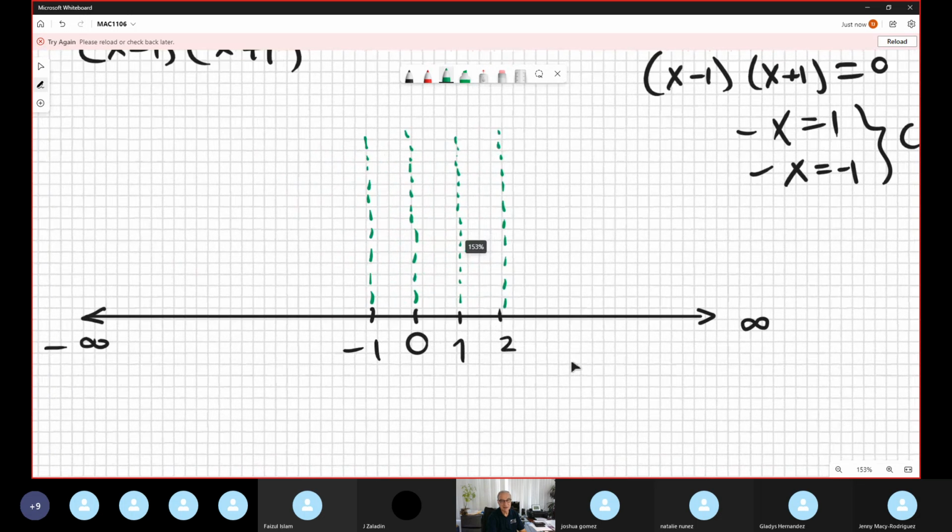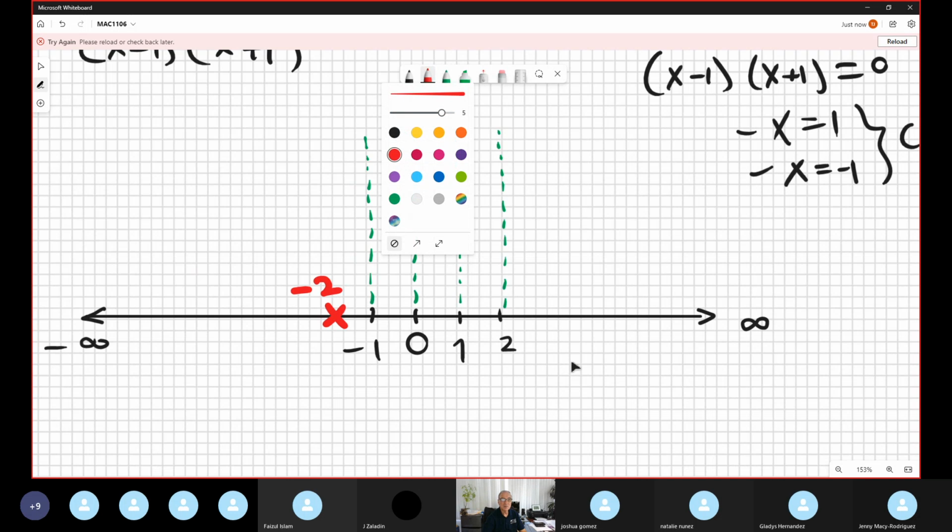So if another student selects different test values than me, no problem, the answer doesn't change. For example, a good test value is negative 2. Another good test value is negative 1/2, because it is in between 0 and negative 1.